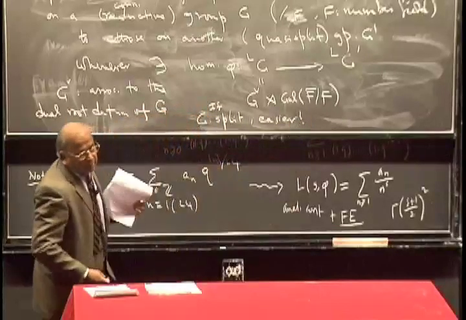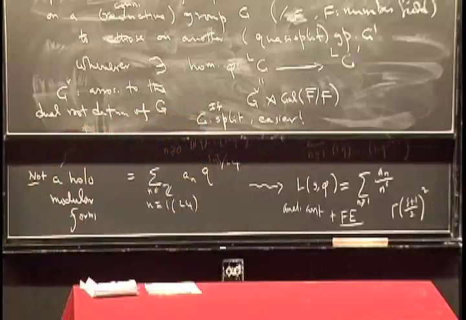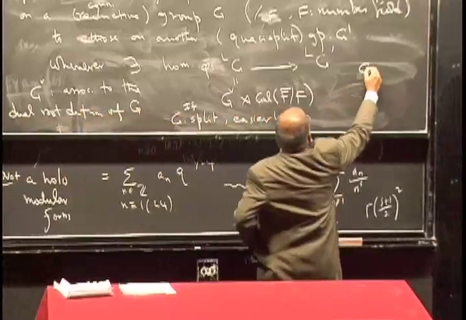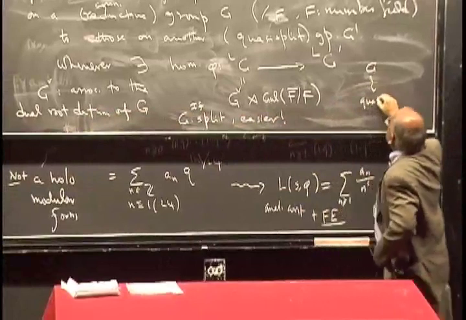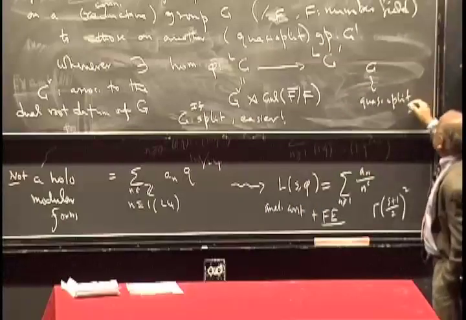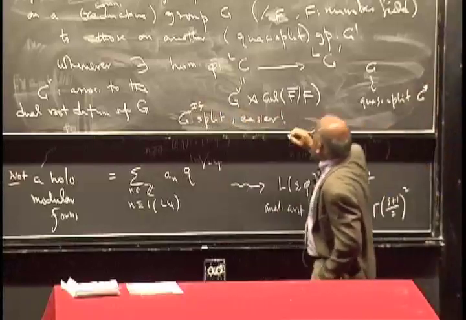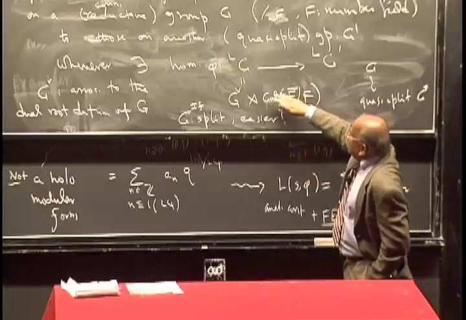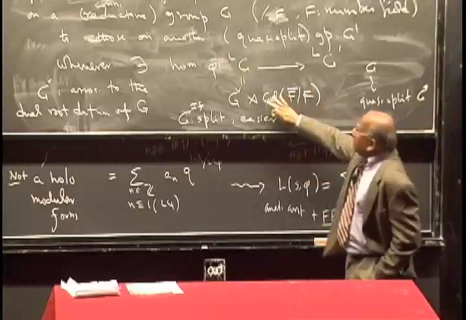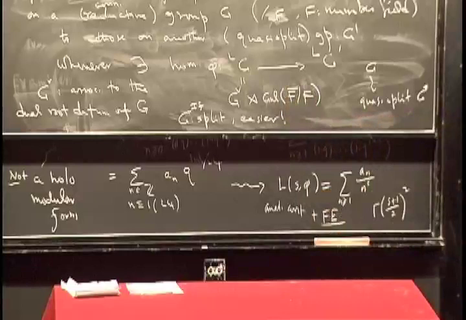Or at least you can always take the reductive group and look at its quasi-split form. If you take any group G, you can associate to it a quasi-split group. This means it has a Borel subgroup defined over the field. And if this G star is split, this is easier in that you get a direct product. And then in some sense, for many reasons, you could forget about the Galois action. So that's always the first thing to do.